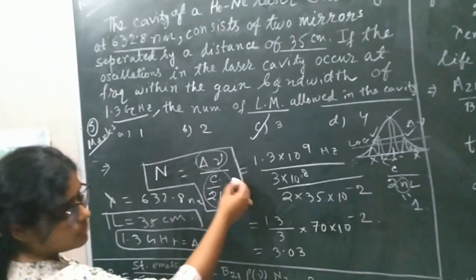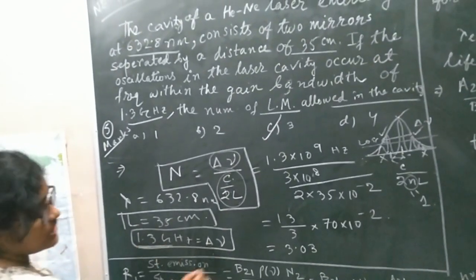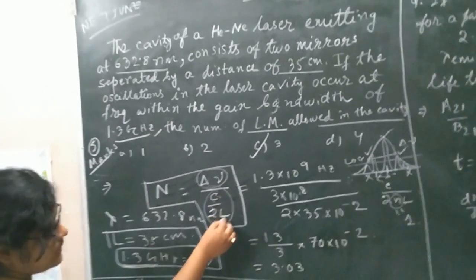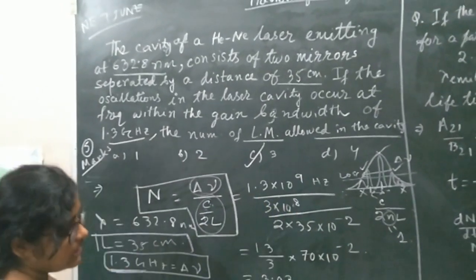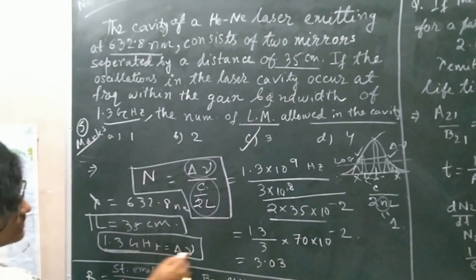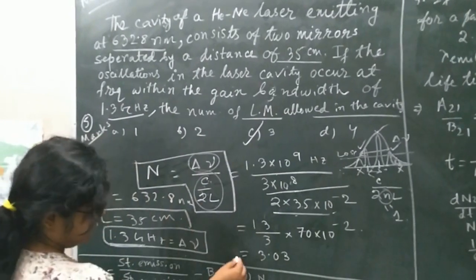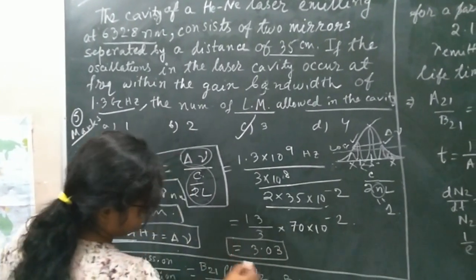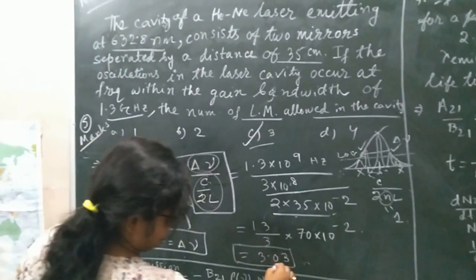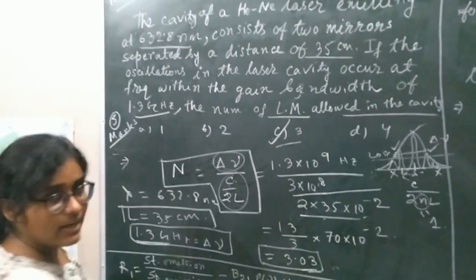That will be delta nu, 1.3 GHz, that is 1.3 into 10 to the power 9 Hz, divided by C by twice L, that is 3 into 10 to the power 8 divided by 2 into 35 into 10 to the power minus 2 meter. You calculate it, the N will be 3.03. Now 3.03 means 3 modes, because you have to take whole numbers. So 3 is the number of allowed modes.